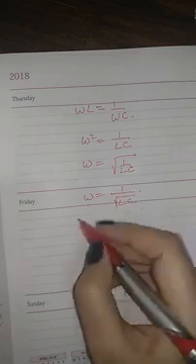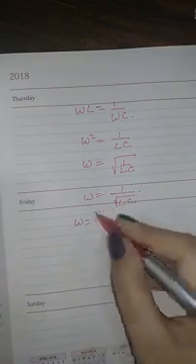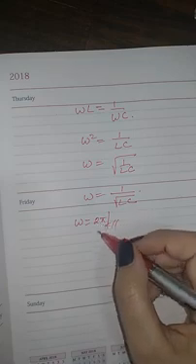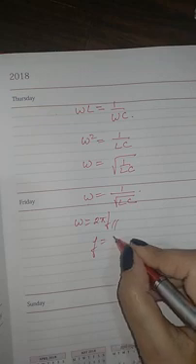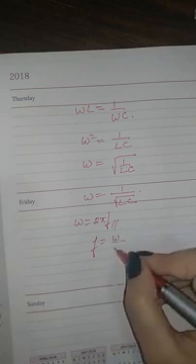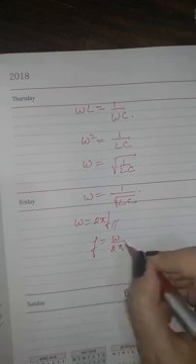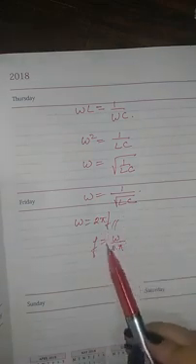Now we also know that omega is equal to 2 pi F. This is from the equation of frequency of applied voltage. So from here, F is equal to omega by 2 pi.